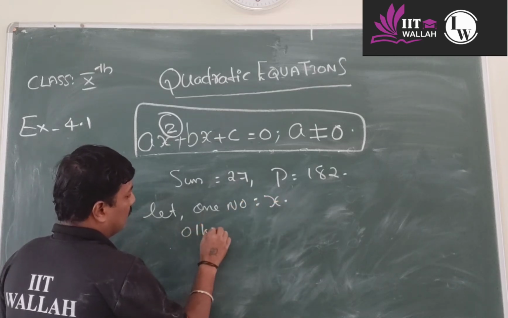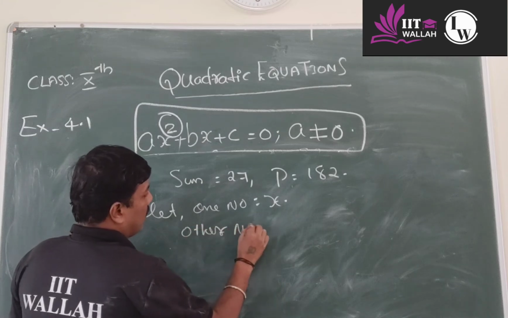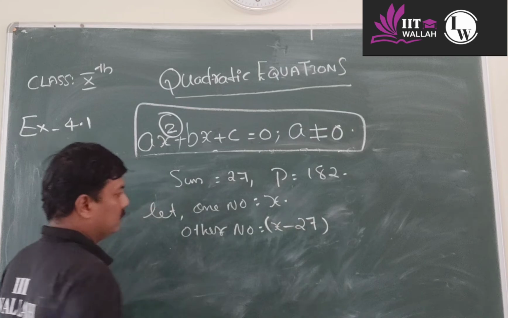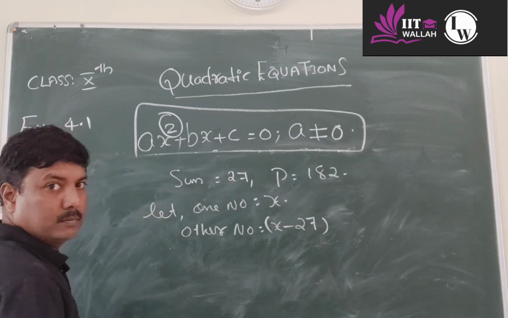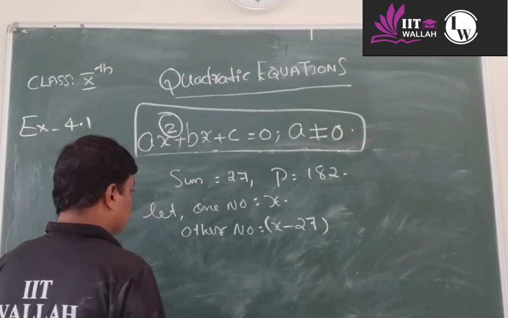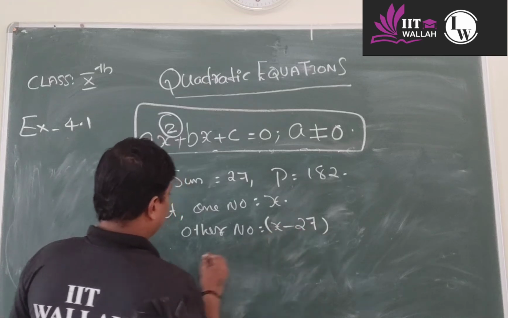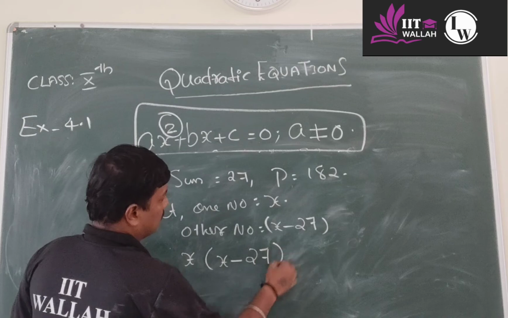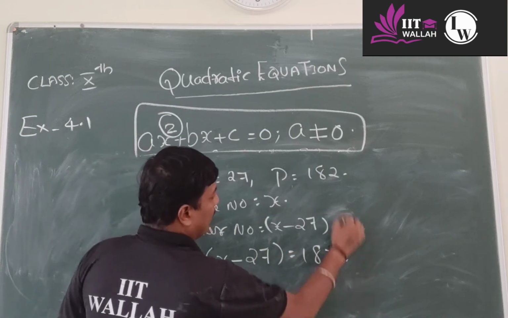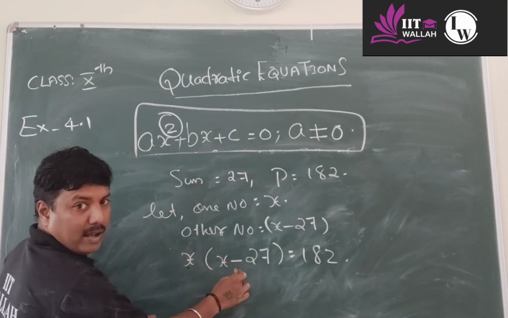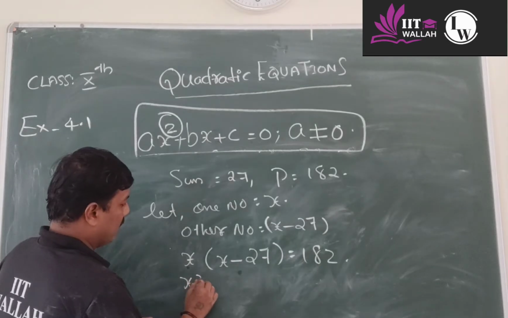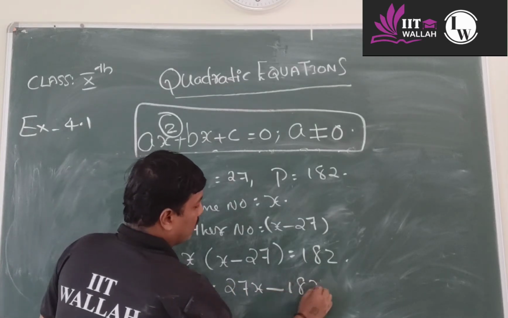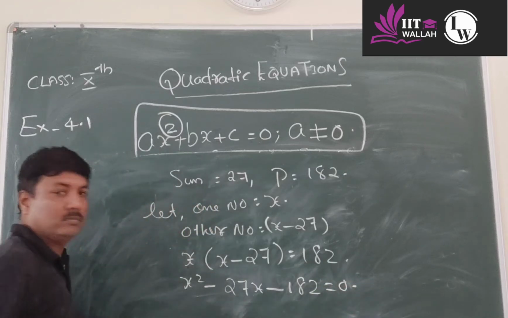So the other number is equal to 27 minus x. Then the product is x into (27 - x) equal to 182, which is given here. So now x square minus 27x plus 182 is equal to 0.